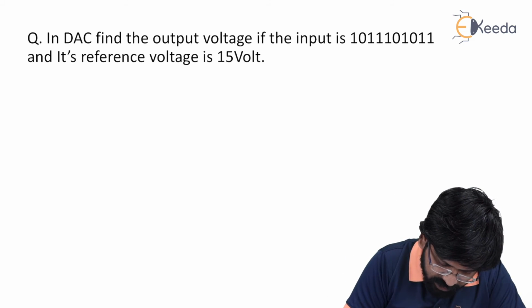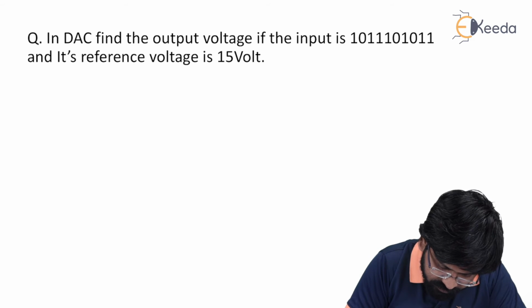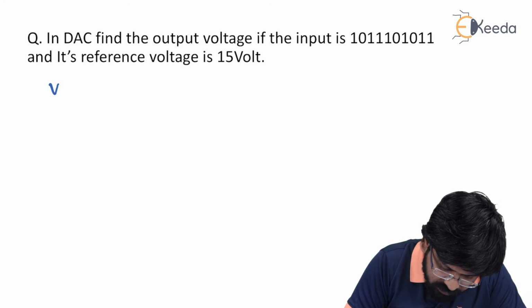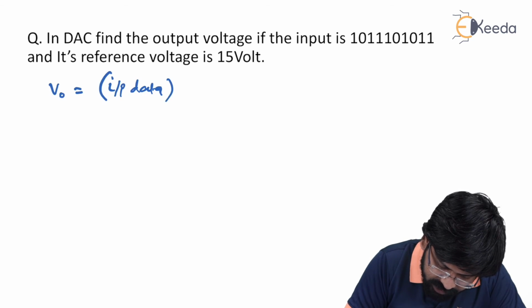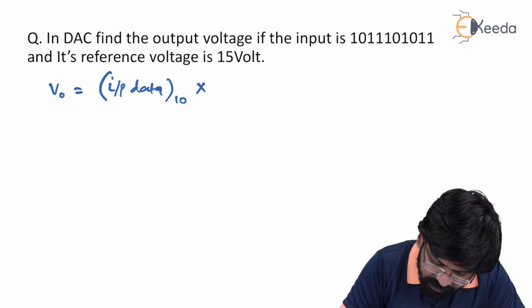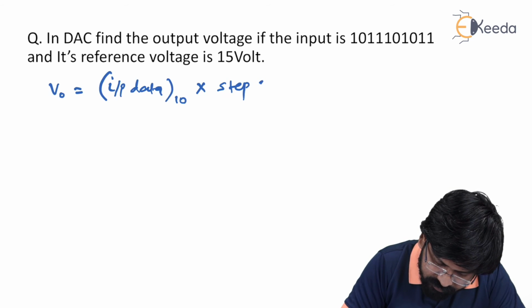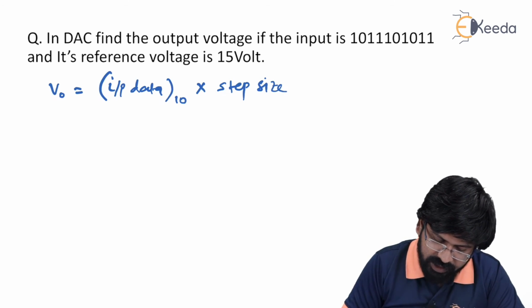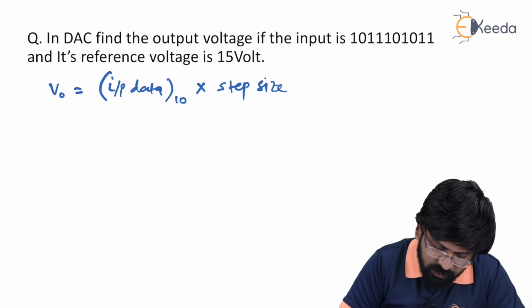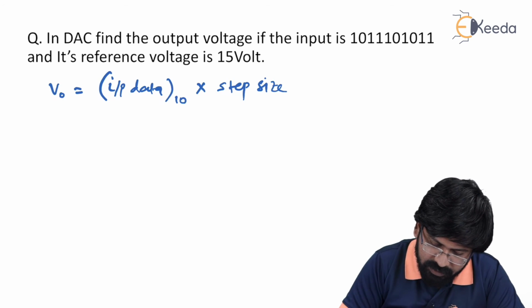First of all, I'll write the relation. Output voltage V0 is always input data in decimal form multiplied by step size.